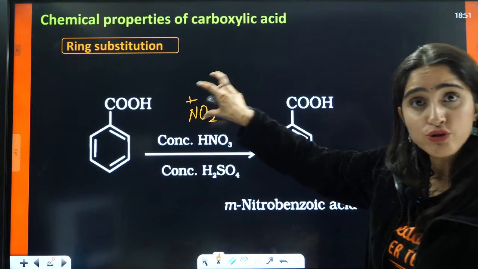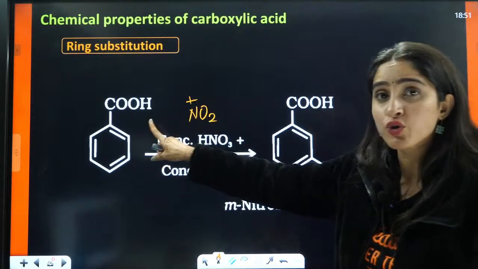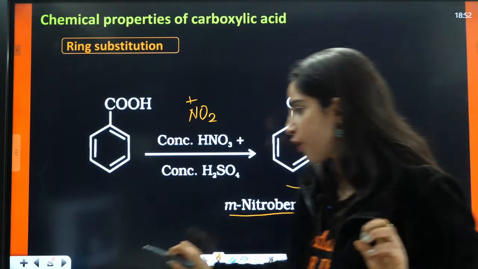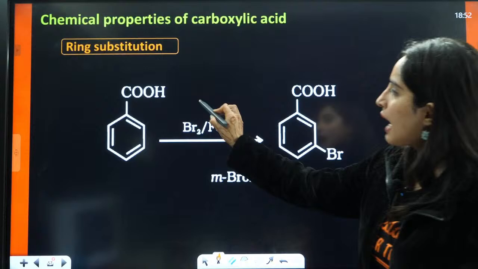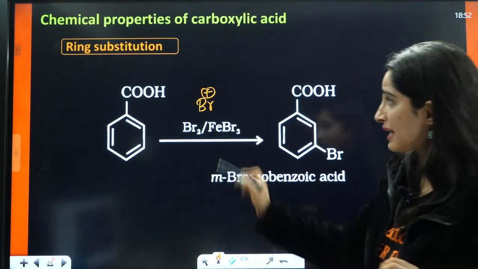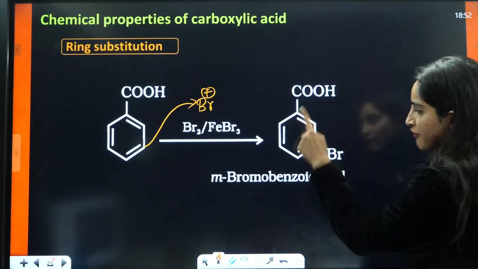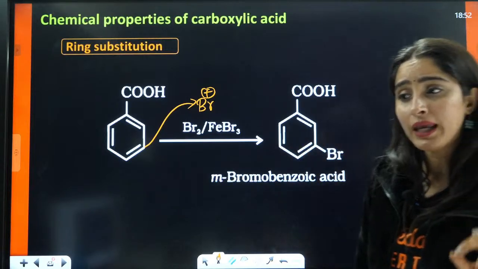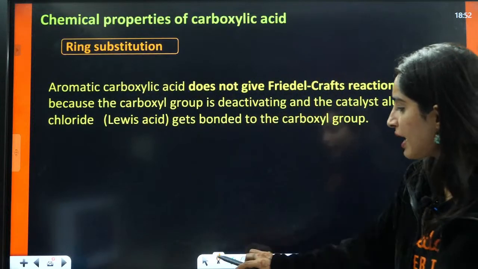This electrophile is going to attack on the meta position because the COOH group is meta-directing, hence meta-nitrobenzoic acid will be formed. If you talk about Br2 with FeBr3, Br positive is the electrophile that is going to attack on the meta position, and hence meta-bromobenzoic acid will be formed here.